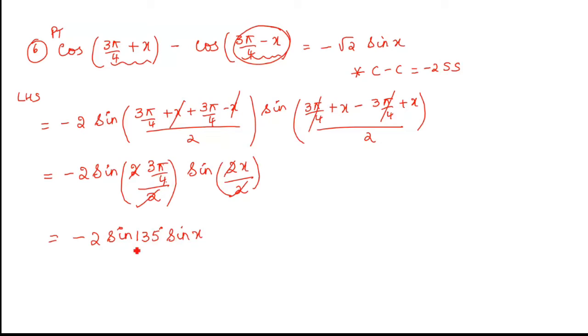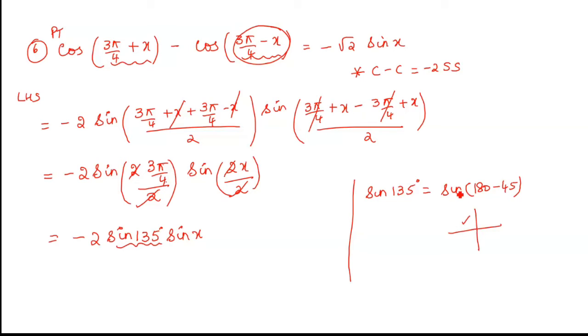Now, I know the allied angle concept of sine 135. So let me work it out on the side. Sine 135 degree can be written as sine of 180 minus 45. 180 minus means which quadrant? In the second quadrant.